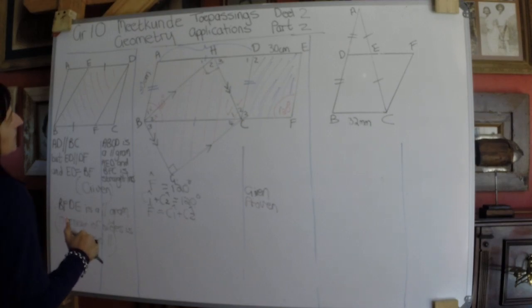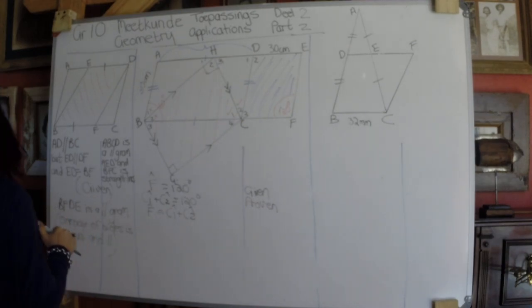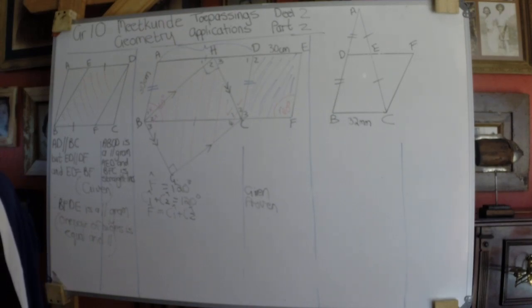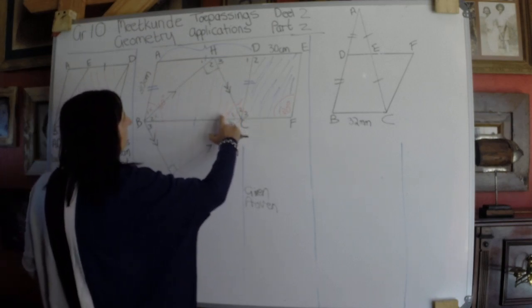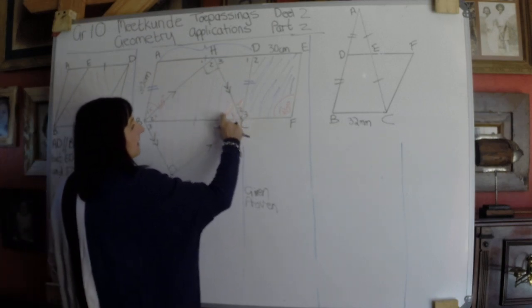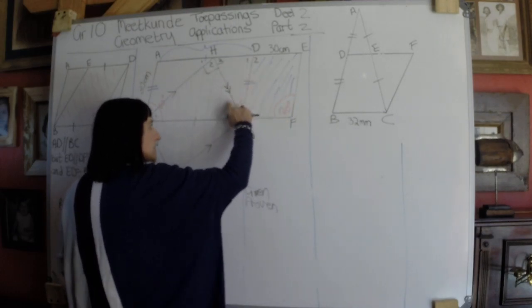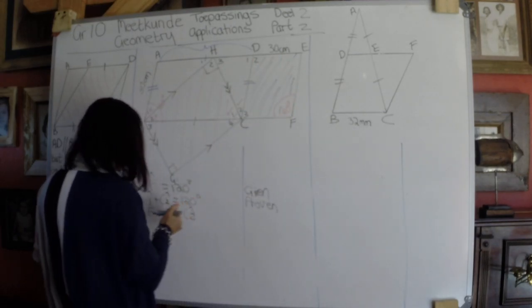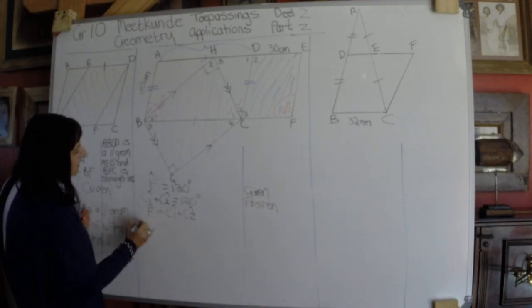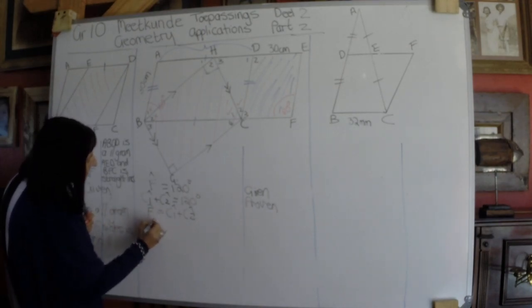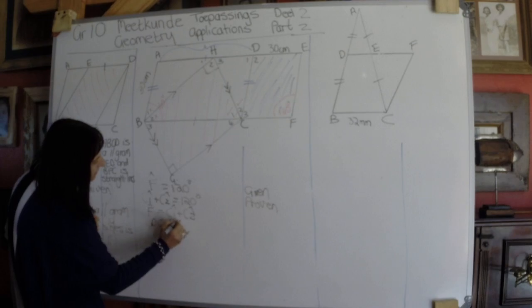Maar DC is parallel to EF. Okay. If that angle is equal to that angle, it means that these two lines are parallel. Why? Daarom is DC evenwydig aan EF.